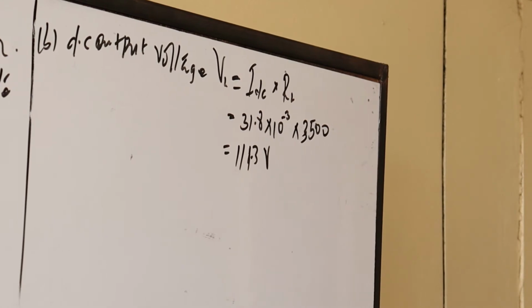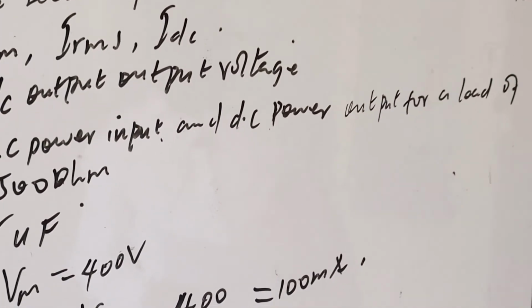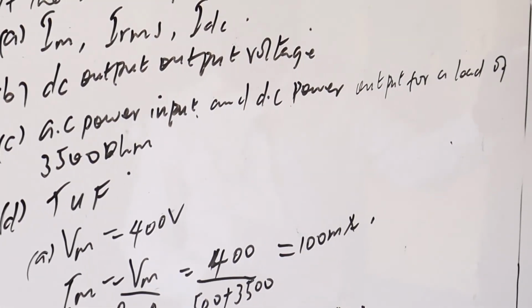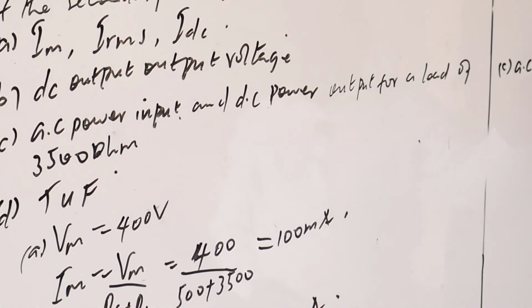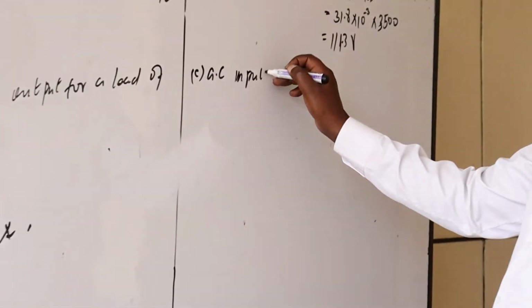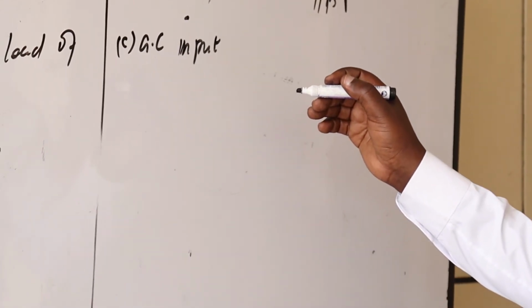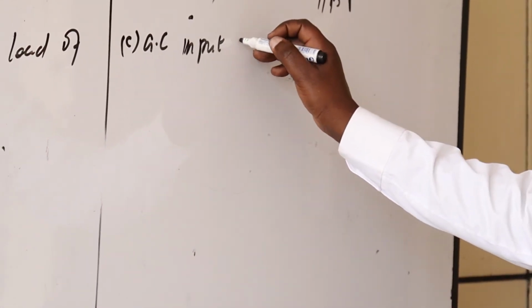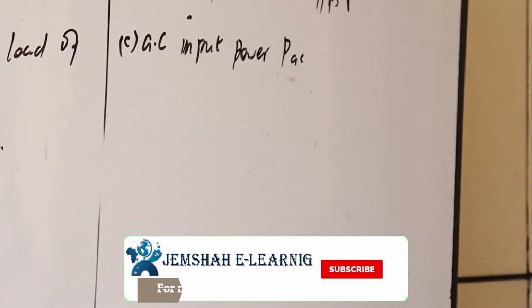Now we can get the AC input power, part C, that is the PAC.